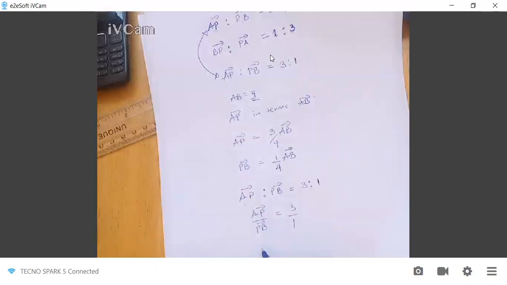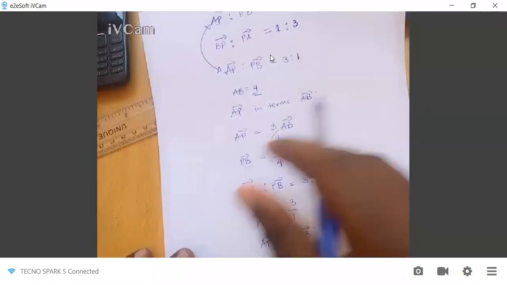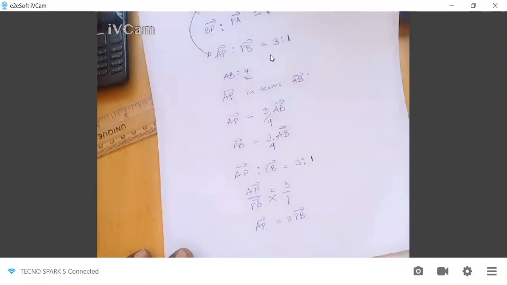And if you cross multiply, AP will be equal to 3 PB. That also gives you another notation to show that points A, B, and P lie on a straight line, because they have a common point P, and another vector is multiplied by a scalar 3.